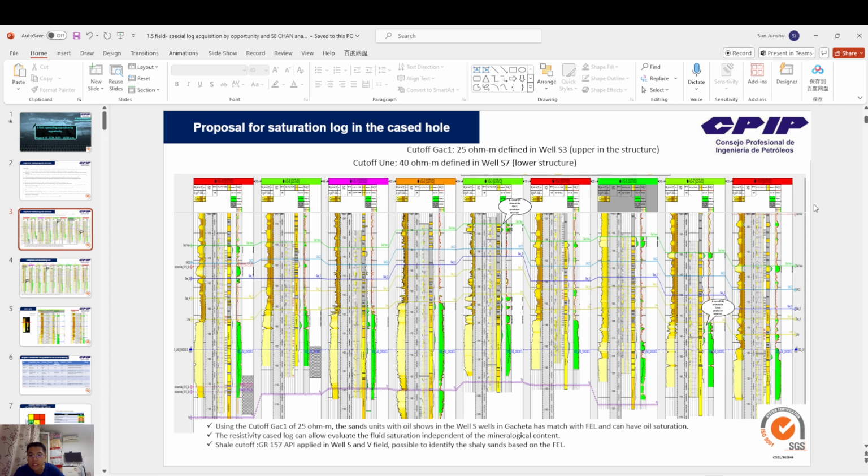The resistivity cased hole log can allow evaluating the fluid saturation independent of the mineralogical content. Shale cutoff is around 157 API for gamma, applies in the S and V fields. It is possible to identify the shale sands based on the FEL.